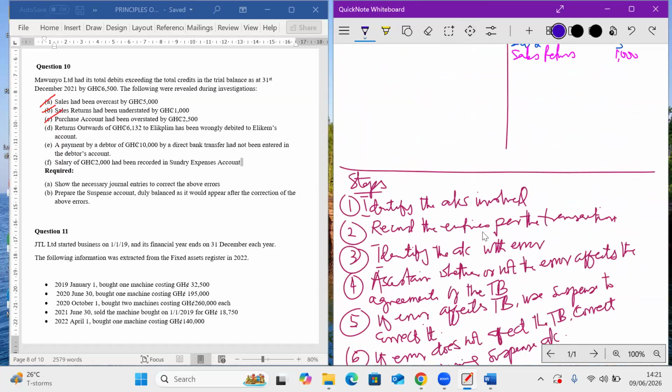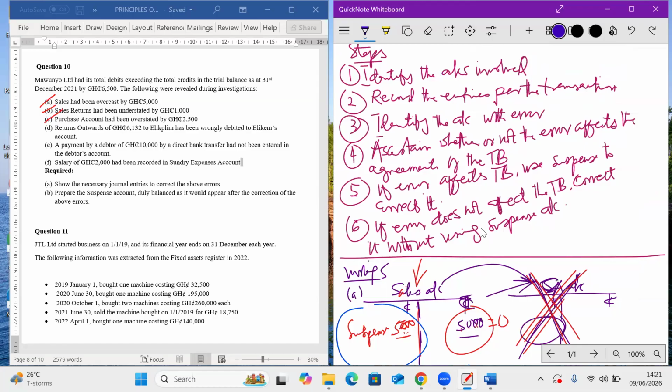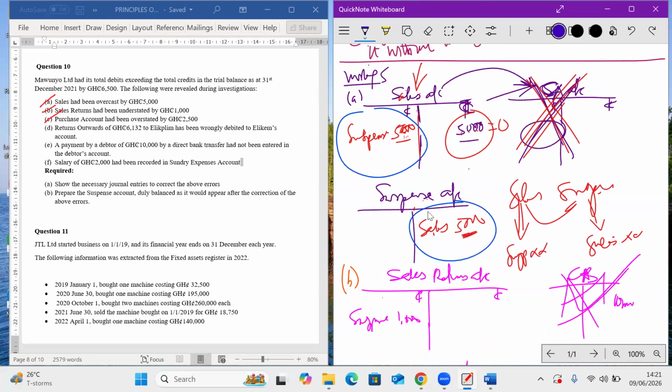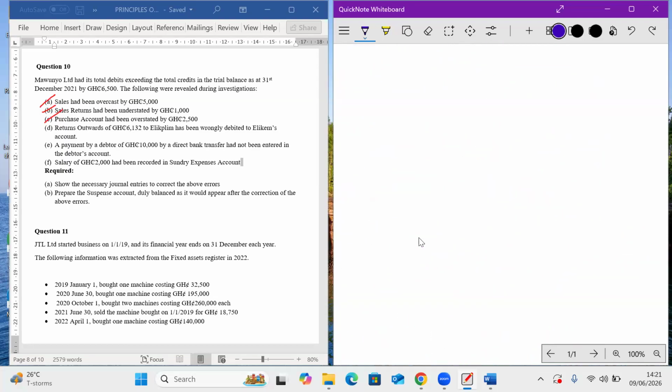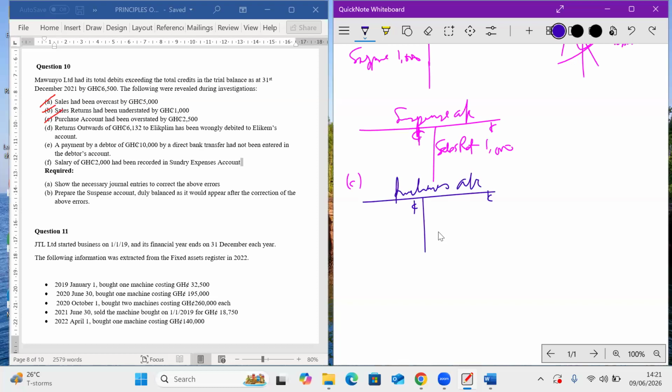Step 2. Record the entries per the transaction. Okay. So how will I record the entries? You ask yourself, purchases under the alias, where does purchases fall?